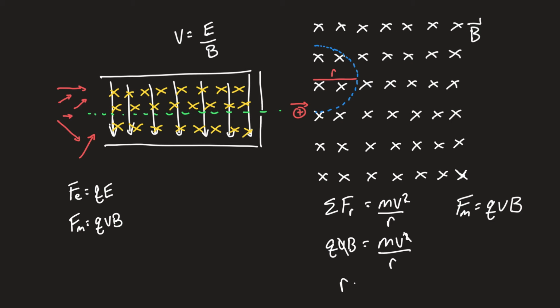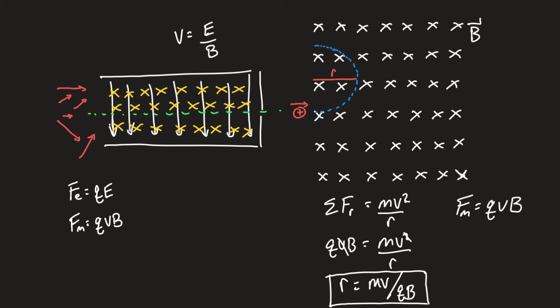And we end up with a formula for the radius of a particle, a little box around this. And you can see it's the momentum of the particle, mv, divided by the charge of the particle times the magnetic field strength.